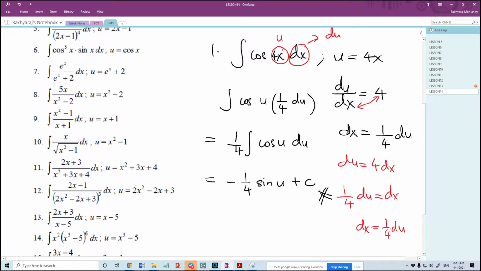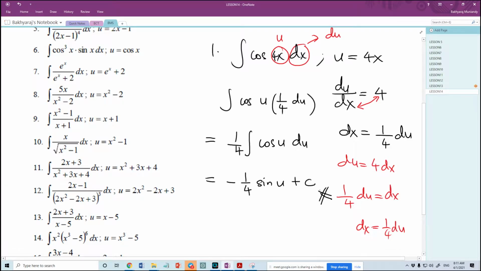Okay, of course you can use the trigonometry rule to answer this, but sometimes the question asks you to solve by using the substitution method. So it depends lah. If they don't say anything about the method, then you can just use the trigonometry rule. Tak ada masalah lah.